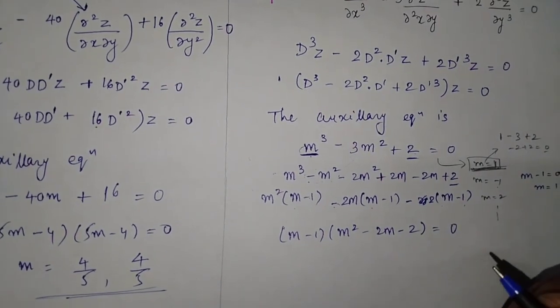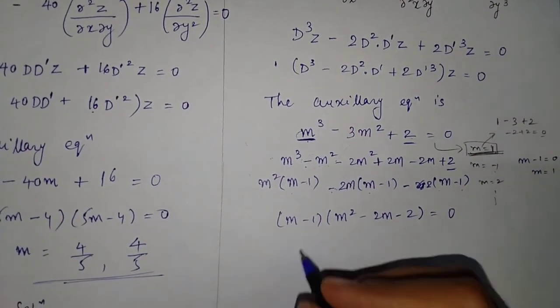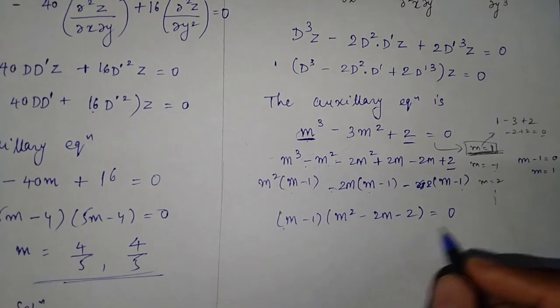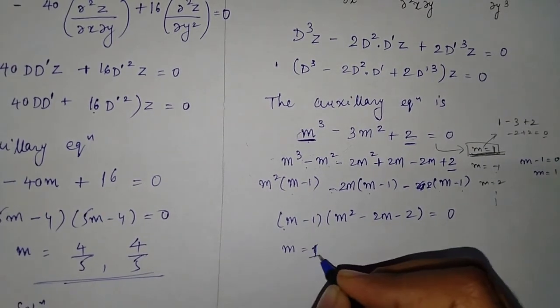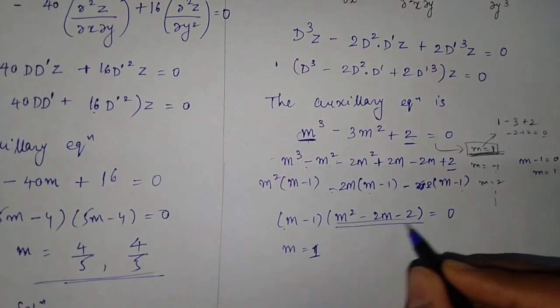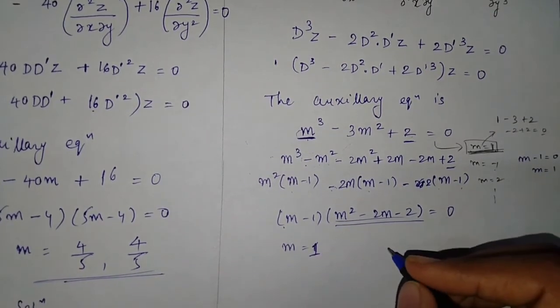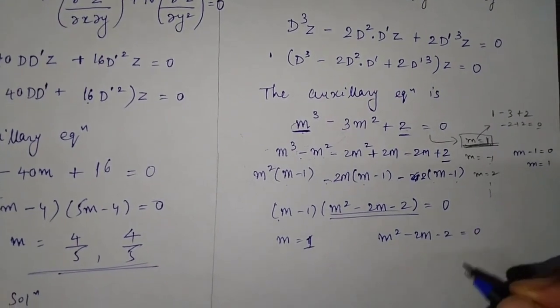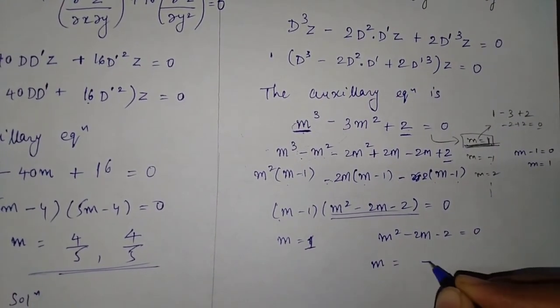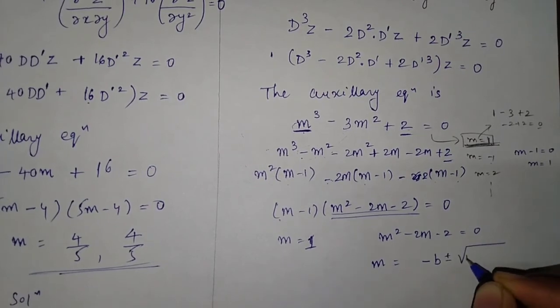Now if we put m minus 1 equal to 0, then one factor I will get is m equal to 1. And putting the other function equal to 0, m square minus 2m minus 2 equal to 0, to find the value of m we have to use this formula.